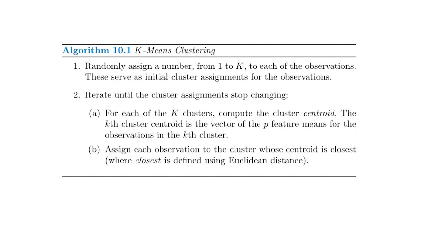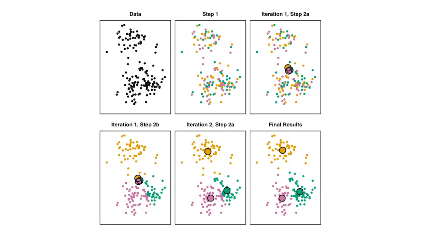The kth cluster centroid is the vector of the p feature means for the observations in the kth cluster. Then it assigns each observation to the cluster whose centroid is closest, where closest is defined by the Euclidean distance, a straight line from one point to another.